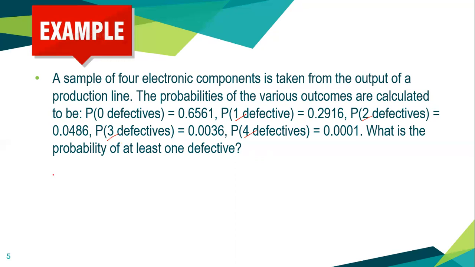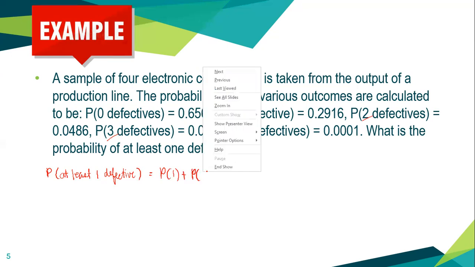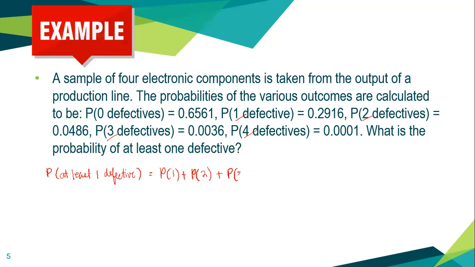So we have here probability of at least one defective. Since binigay naman na sa atin yung mga probabilities niya in decimal form, so no need to get the probability ng bawat isa. So i-add lang natin, we have probability of 1, probability of 2, plus probability of 3, plus probability of 4.